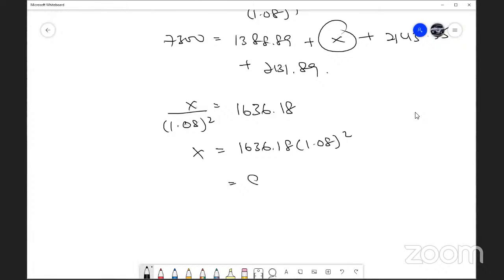The value here should be 1908.44. Can follow? Very good.